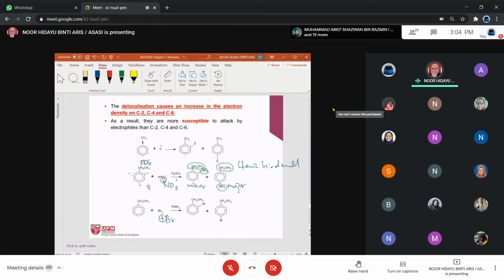So CH2CH3 is EDG. When it is EDG, the electrophile that attacks this benzene will go to the ortho and para positions only. Because at carbon number 2, carbon number 4 and carbon number 6, the electron density is high. The negative charge is higher, so the positive electrophile will be more attracted. That's why it will not go to the meta position.